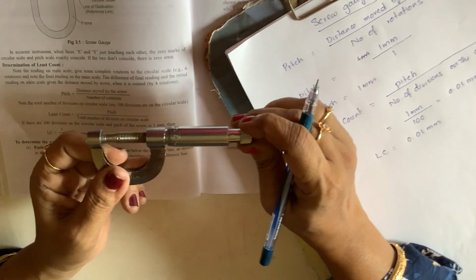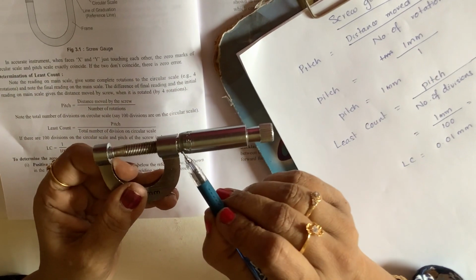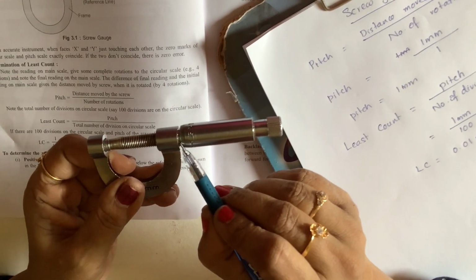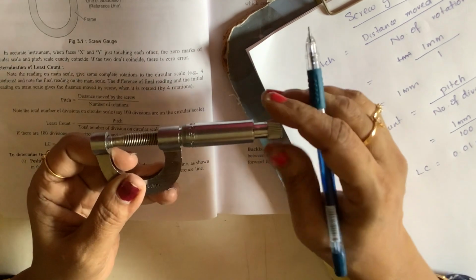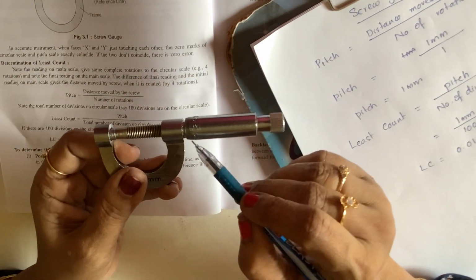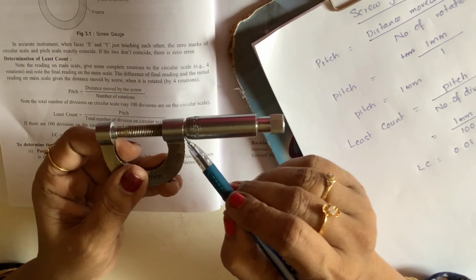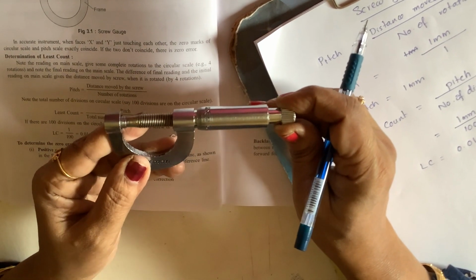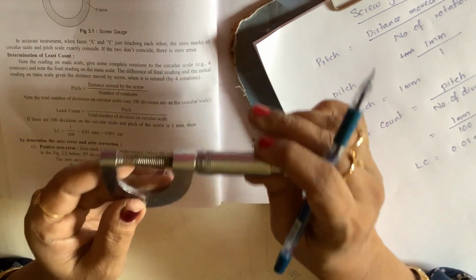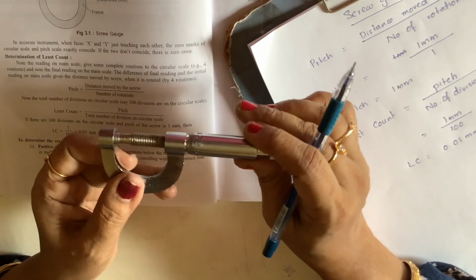When we completely close this, the 0 of this circular scale should coincide with this main line, that is the 0 of this main scale. Now this is a new screw gauge, so it coincides. That means there is no error in this. This is a perfect one.